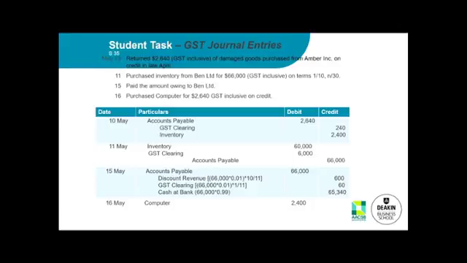And the last one is the purchase of the computer, which included GST as well. So the GST was 240 on that, and the amount that we paid on credit was 2,640.